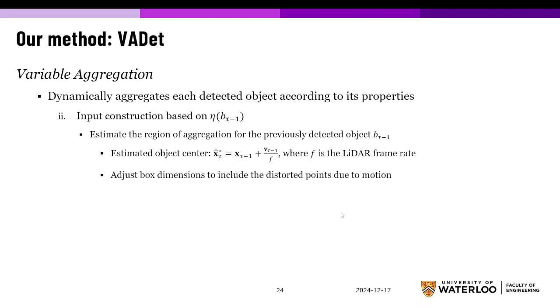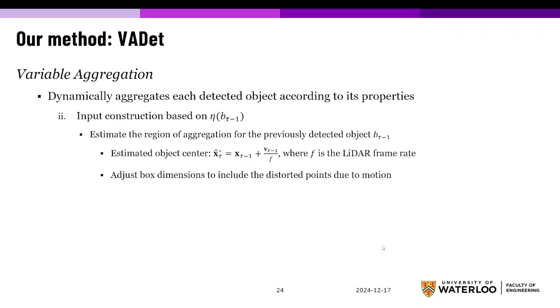But because the object could be moving, and as I presented in one of the previous slides, when you have moving objects and when you aggregate multiple frames, the point cloud will appear distorted. So it will have a smudge behind the object due to the object motion.